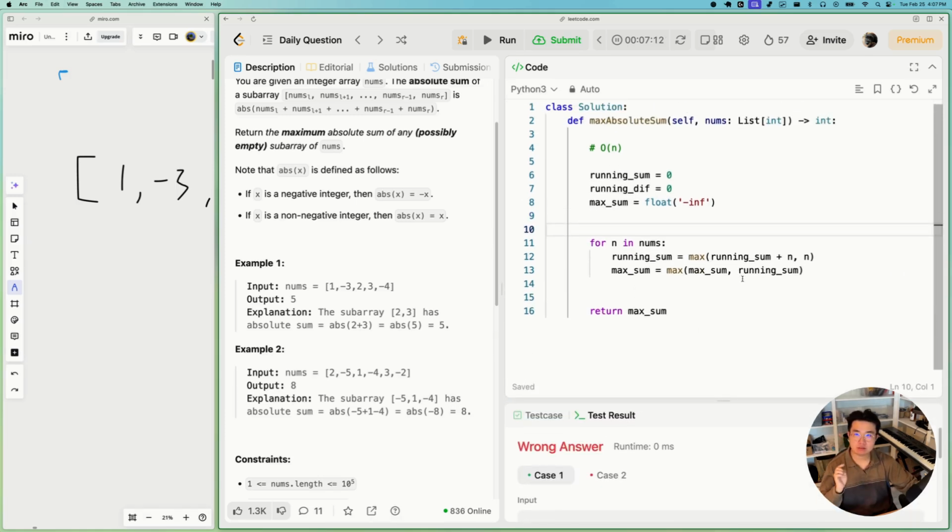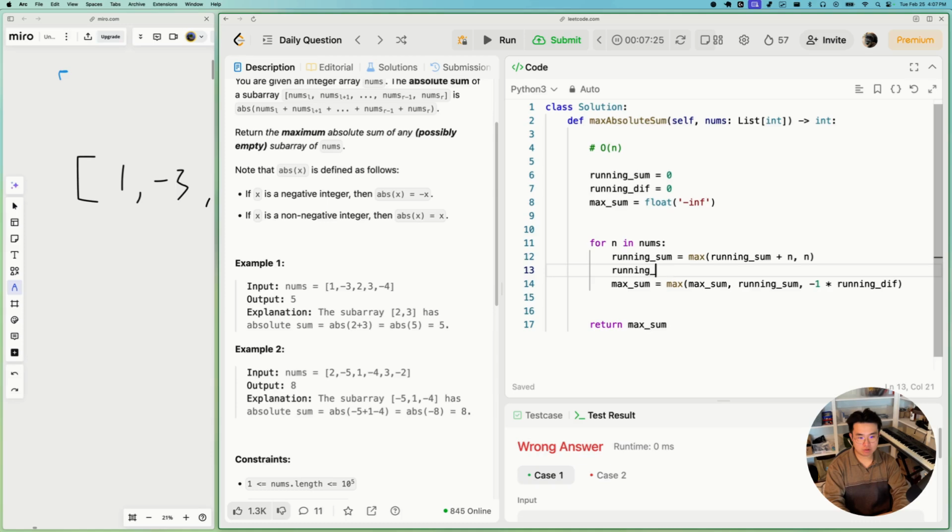The max sum is either the max sum, the running sum, or -1 times running diff. And then I want my running diff to be the min of running diff plus n, or we just start over.